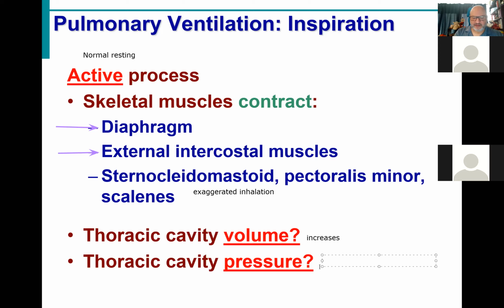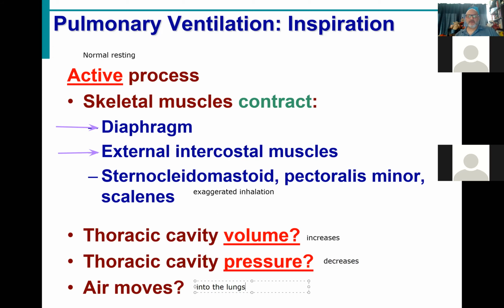There you go, Alex has got it, it decreases the pressure. And when it decreases the pressure, which way does the air move? In. There you go.